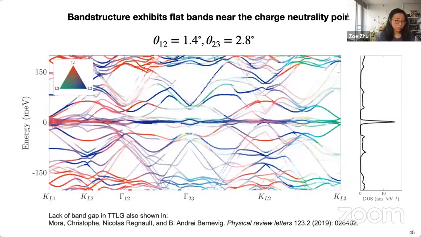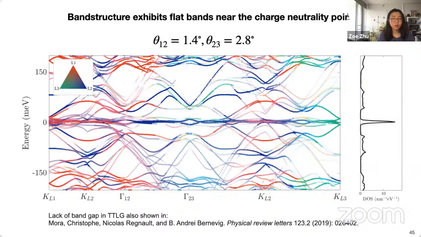And of course, we want to look at the band structure as well. Here is one example of band structure with the following set of twist angles. Just looking at it, you will see that all the bands are really messy, and a lot of them are nearly overlapping with each other.